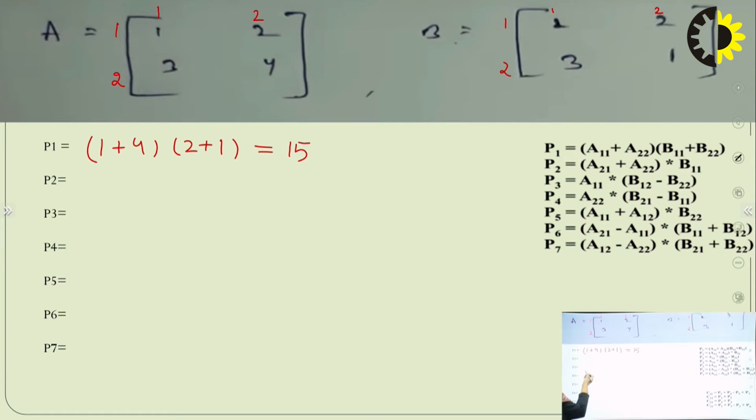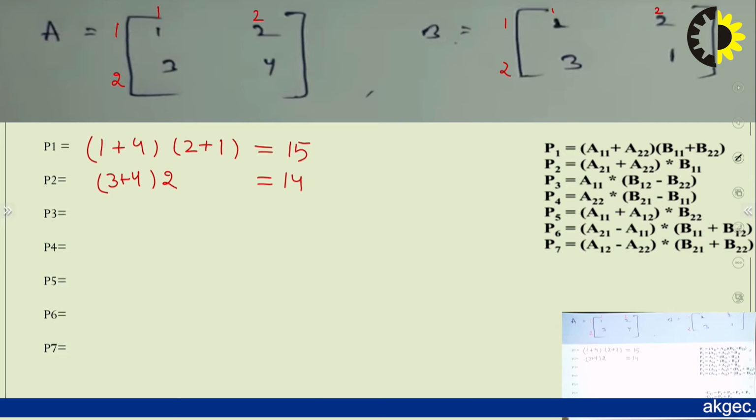Now I am calculating the value of P2, and the formula is P2 equals A21 plus A22 multiplied by B11. What is A21? A21 is 3 plus A22 which is 4, and then multiply by B11 which is 2. Now 3 plus 4 is 7, and 7 multiplied by 2 is 14. Now what is P3?